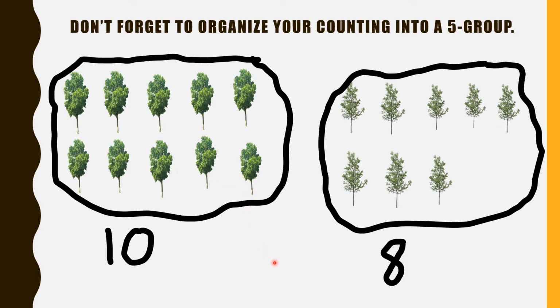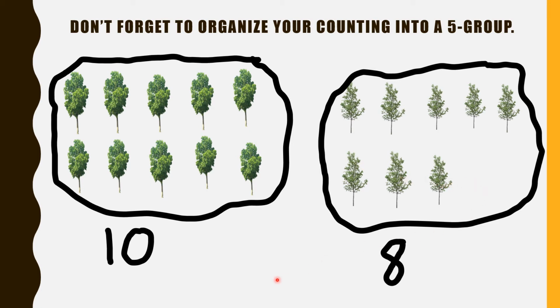Then in our story, we heard that there were 8 baby trees that were planted. Here are the 8 baby trees. 8 in a 5 group has 5 at top and 3 at the bottom. Let's confirm or check by counting. Are you ready? 1, 2, 3, 4, 5, 6, 7, 8.